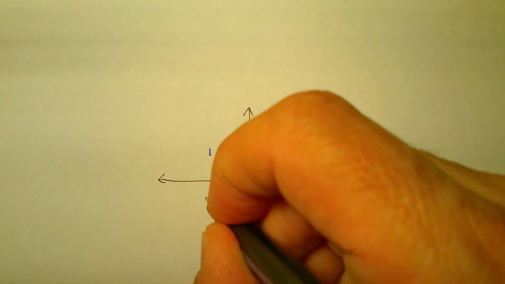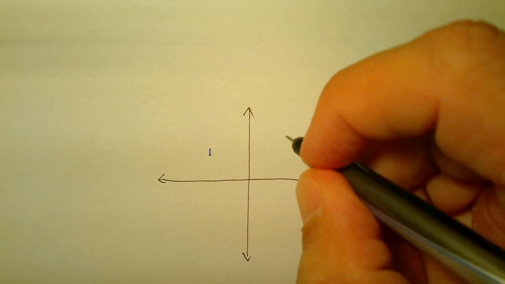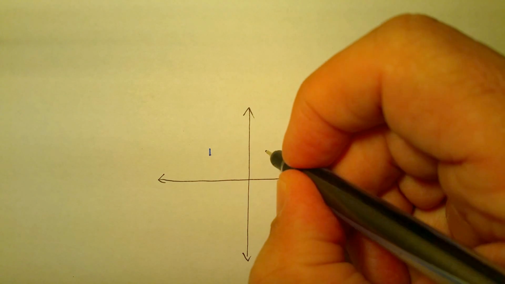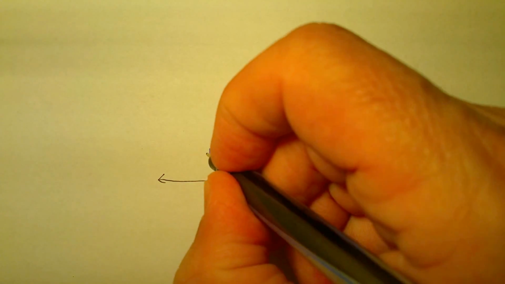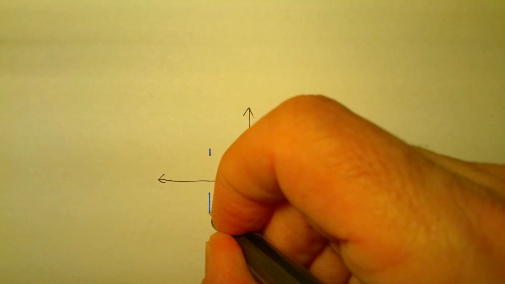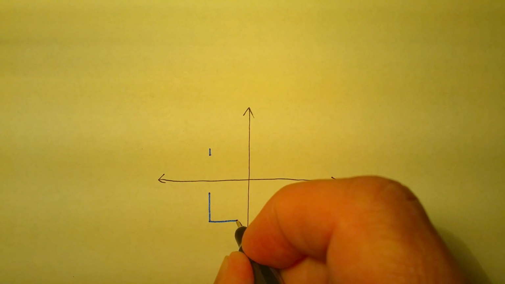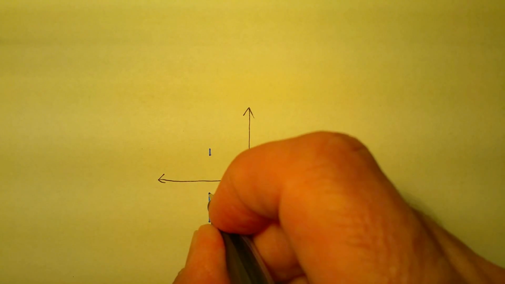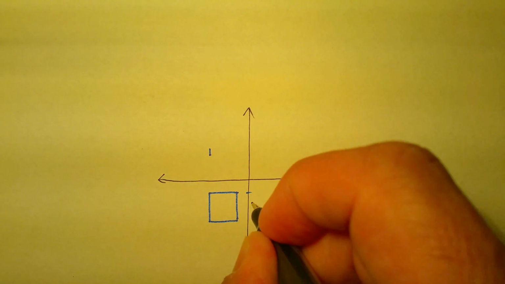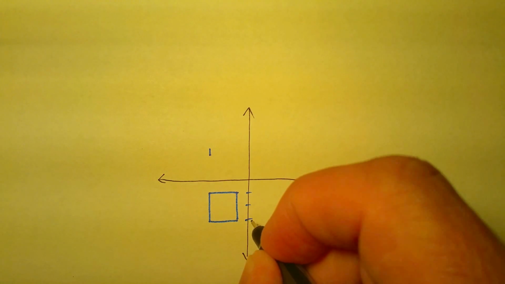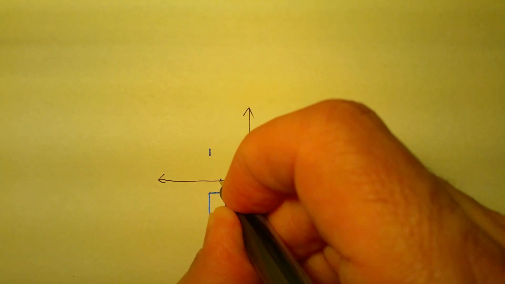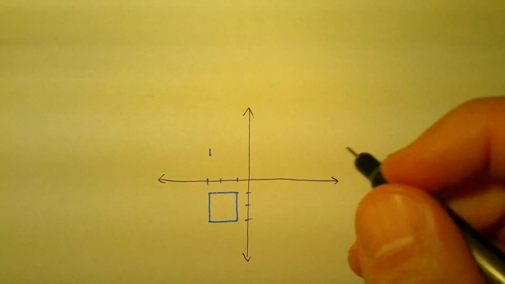Let's just go with a simple square. I'll just do it over here. This isn't going to be perfectly accurate, but you get kind of the idea.